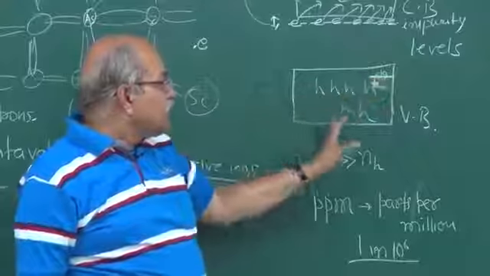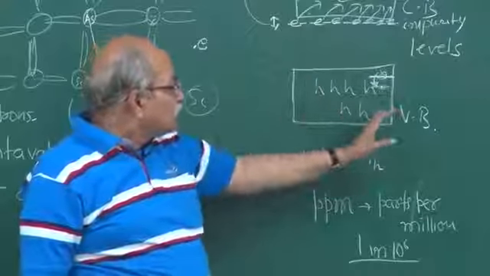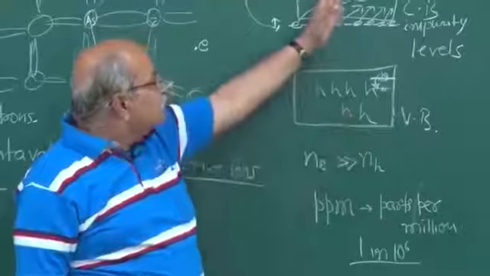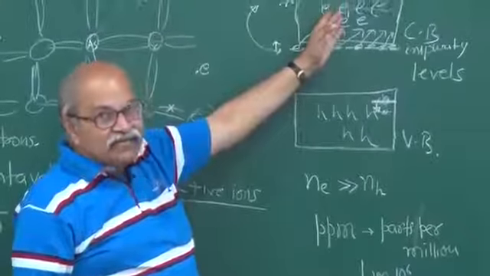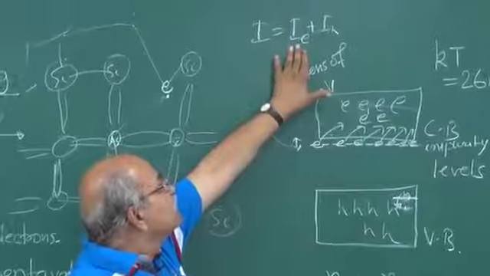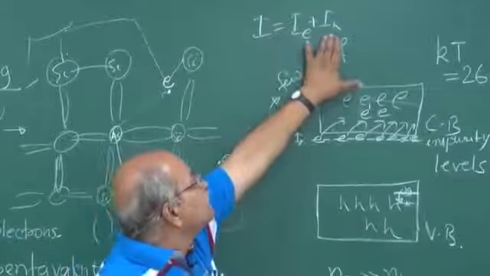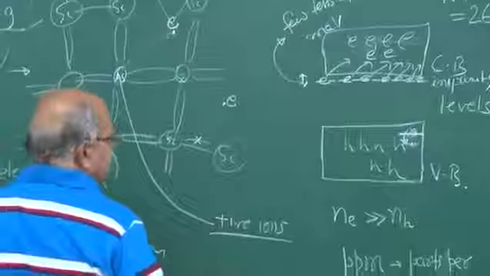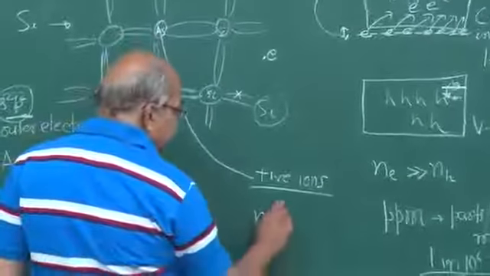So these holes can be called positive charge carriers, and these electrons can be called negative charge carriers. So the current is dominated by the negative charge carriers, not the positive charge carriers, and therefore this kind of semiconductor is known as N-type semiconductor.